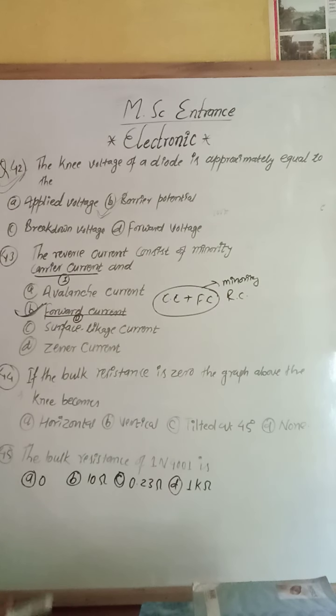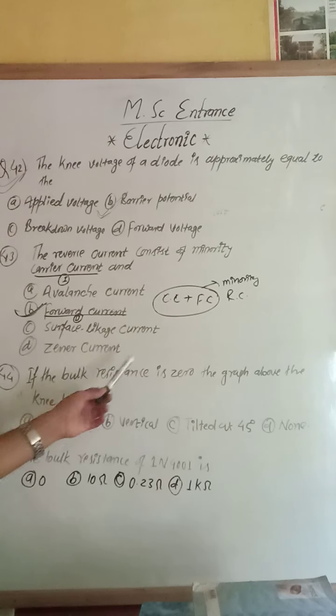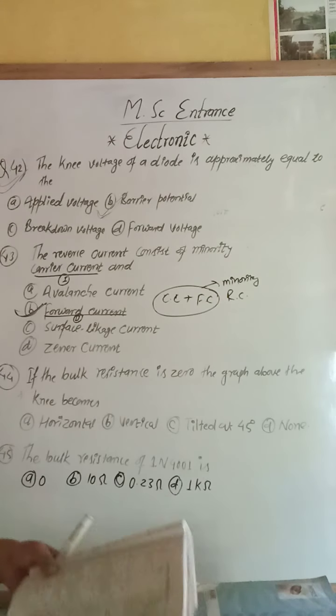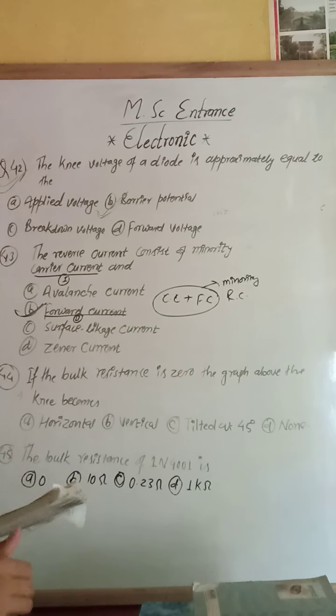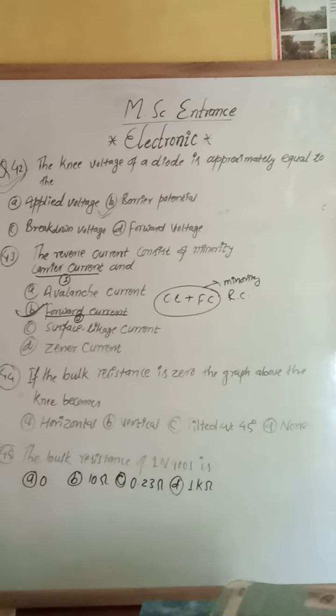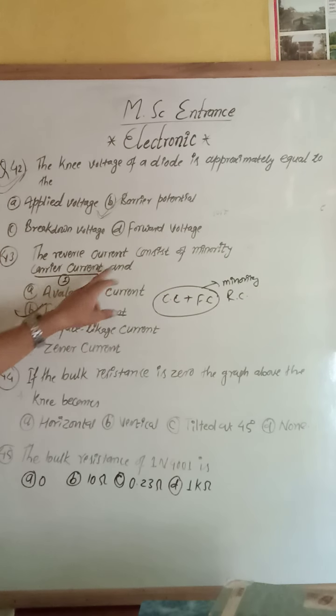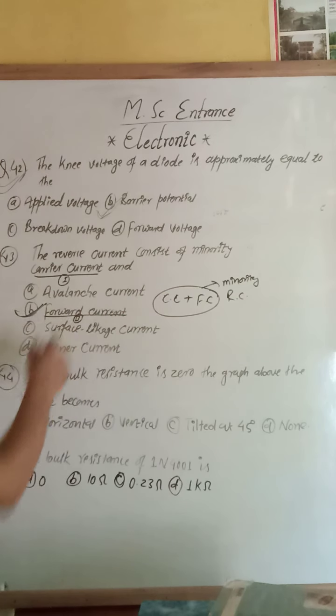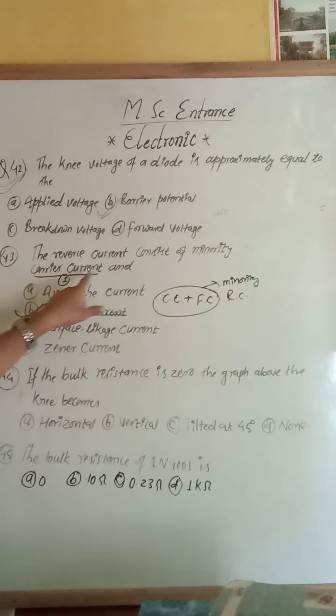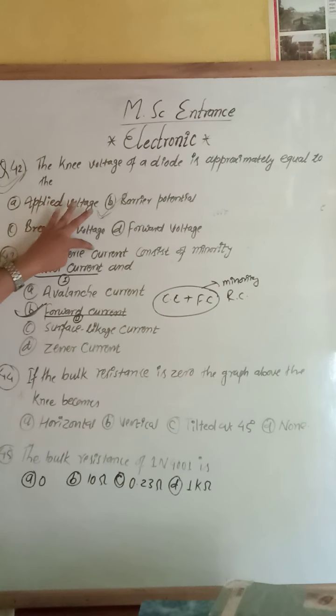Similarly, next question: if the bulk resistance is zero. The reverse current consists of minority carrier current, and the next one is the forward current. Okay, forward current and minority carrier current make up the reverse current.